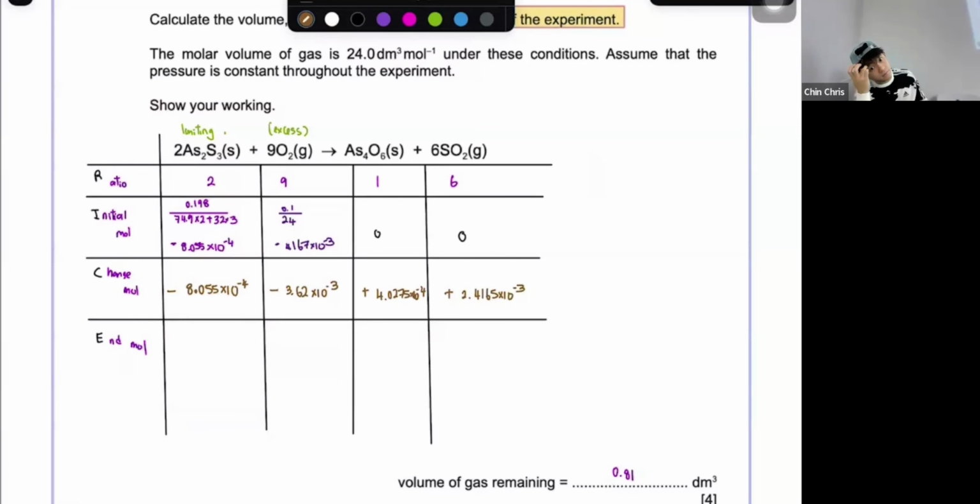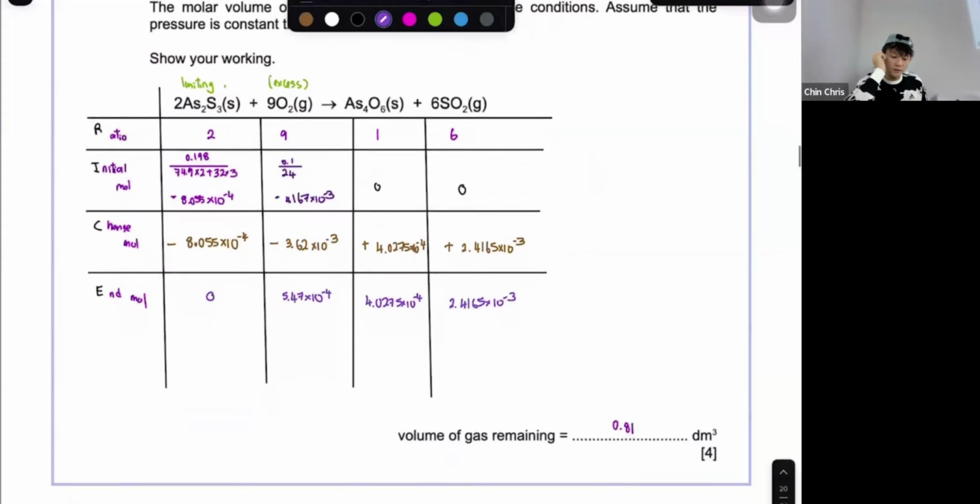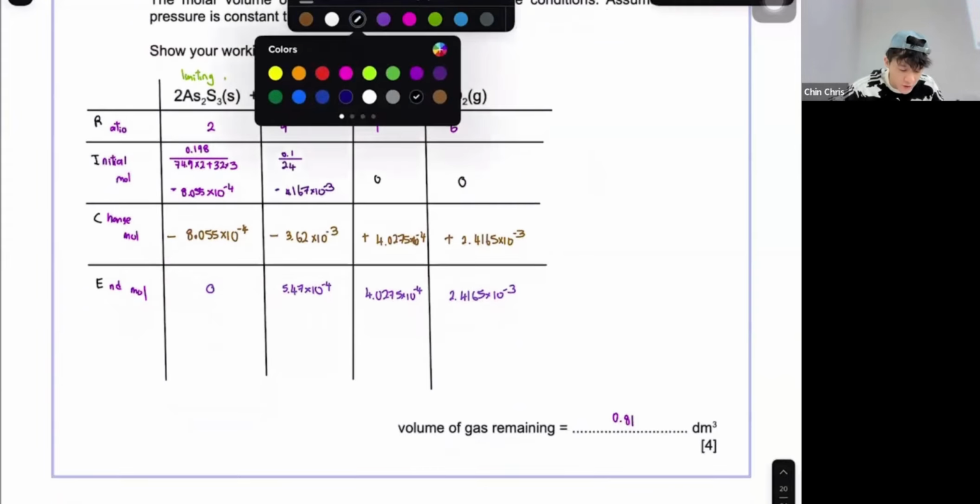Alright, guys, can. So at the end of the day, you have no more As2S3 left. You have 5.47 left. And this one left, is that right? Alright, guys, finally, the volume of gas.